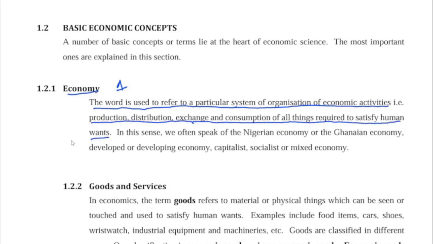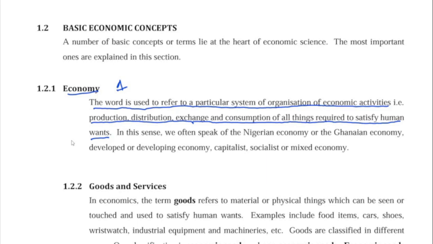So this definition is kind of confusing, still not straightforward. So let me quickly explain it to you. Economy is how a particular community organizes itself. This is economy: you need to produce.